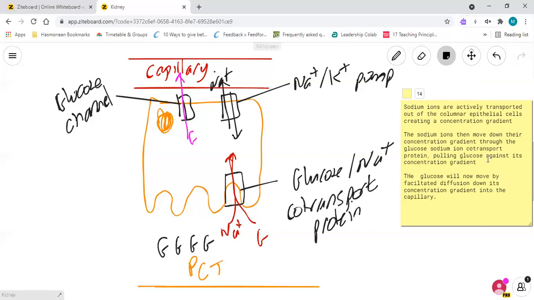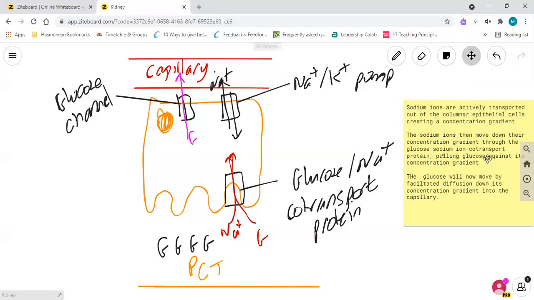So that process will allow the reabsorption of all of the glucose.